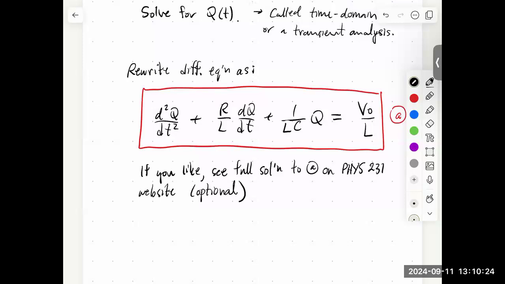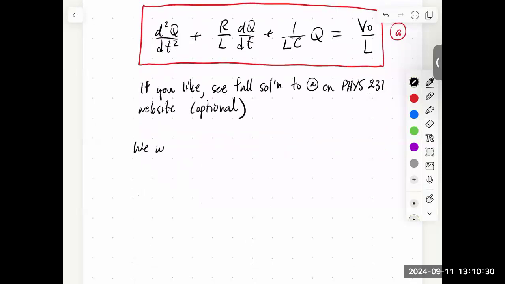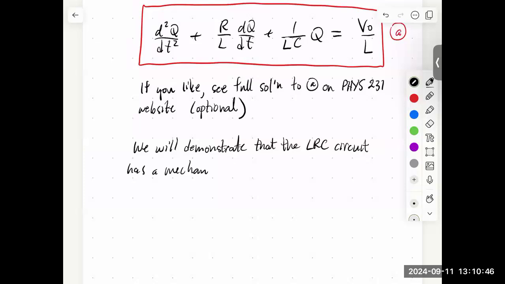Okay, so we will try to demonstrate that the LRC circuit has a mechanical analogy that we already understand intuitively.